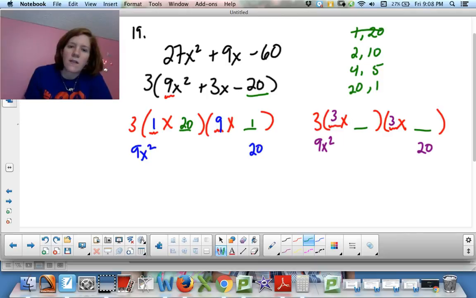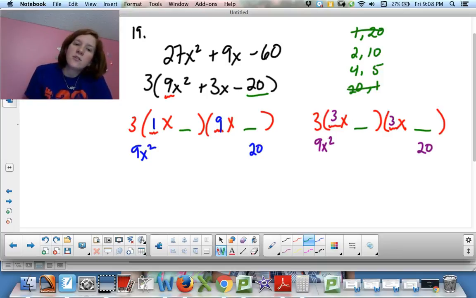Over here though, I've got my 1x times 9x, I've got 1x times 1. That first number times the last number is 1x. That middle number times the other middle number is 180x. There's definitely no way that those are going to come together to give me positive 3. Okay, so I can go ahead and mark 20 and 1 off of my list of possibilities.